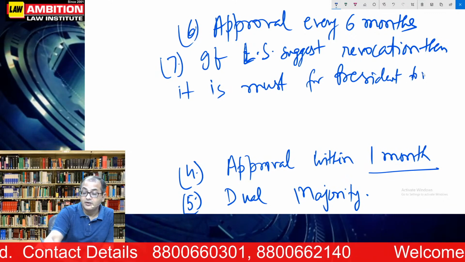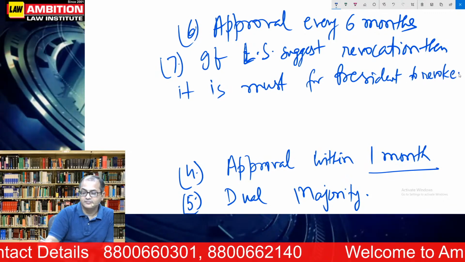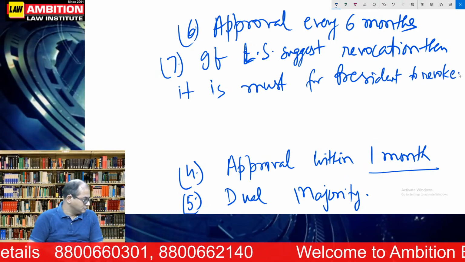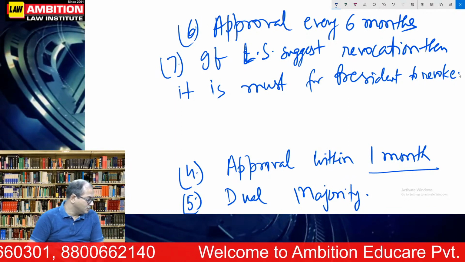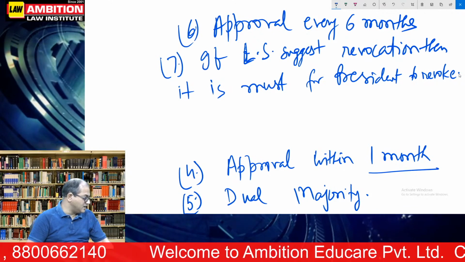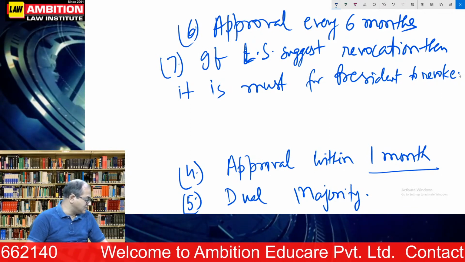So we have reduced the authority of the executive considerably. It is a must for the President to revoke. So we imposed many safeguards, many safeguards.